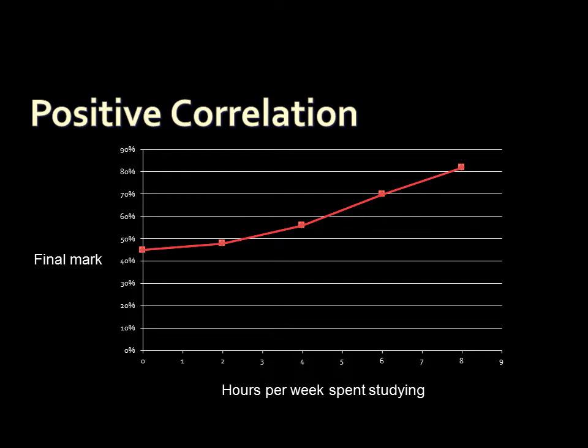And so you would get this from looking at, let's say, 100 students, and each student would give you scores on two variables: their final grade and the number of hours per week they spend studying. So this is a graphic example of a positive correlation. And so the correlation coefficient here would be a number greater than 0 and up to 1. And it would probably be somewhere in the middle, like 0.45 or 0.5, something like that.